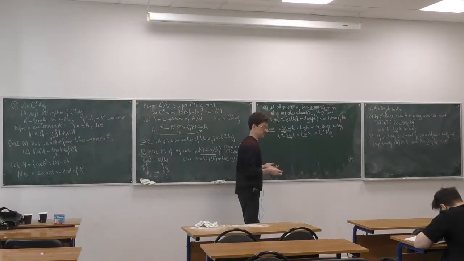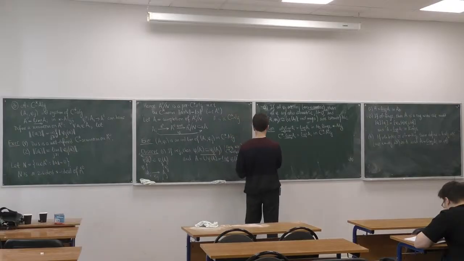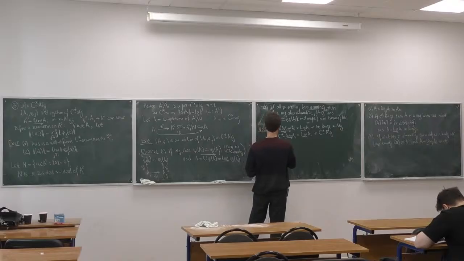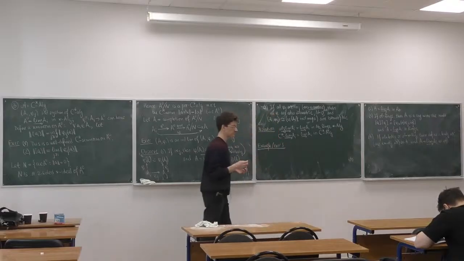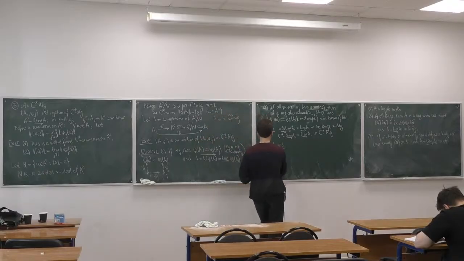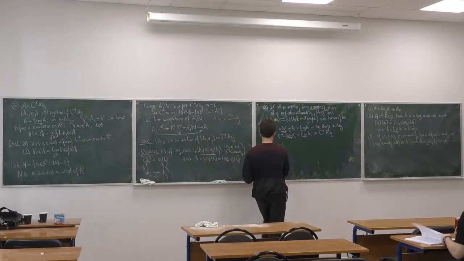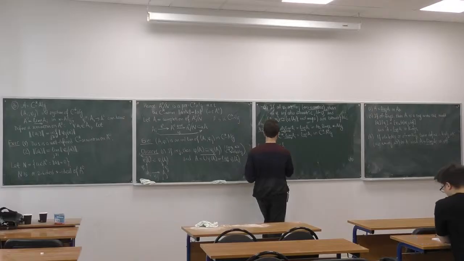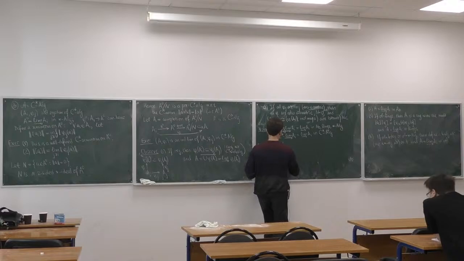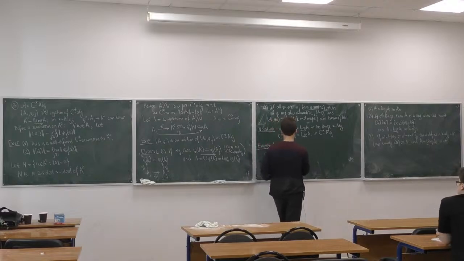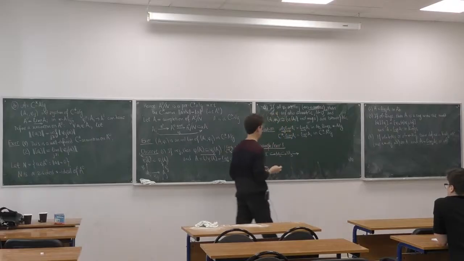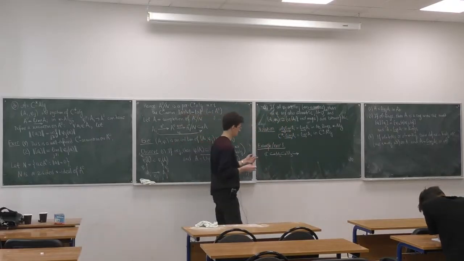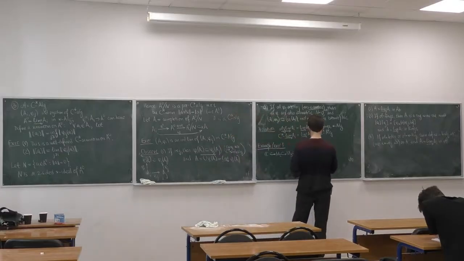Let's look now at some concrete examples of C-star inductive limits. Example, exercise 1. Let's consider the following standard directed chain of algebras, which we have already considered many times in our course. So we consider algebras M_n of square complex n by n matrices and embed every M_n into M_{n+1} in the following standard way.